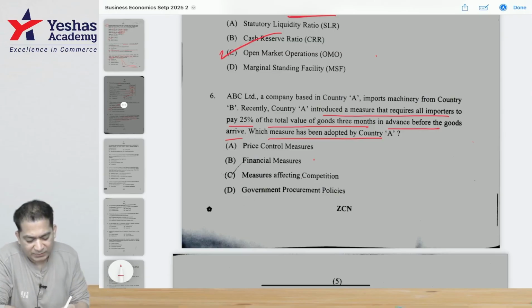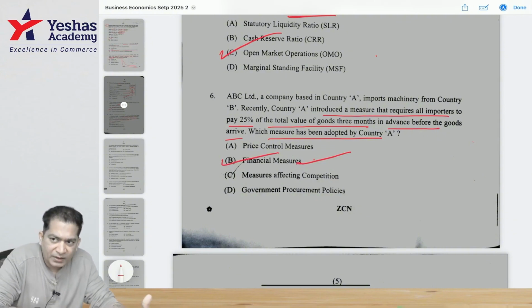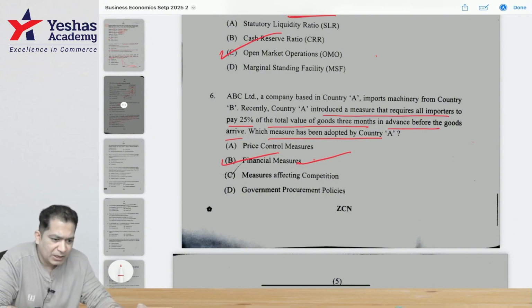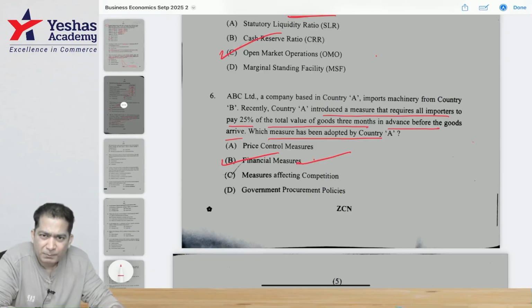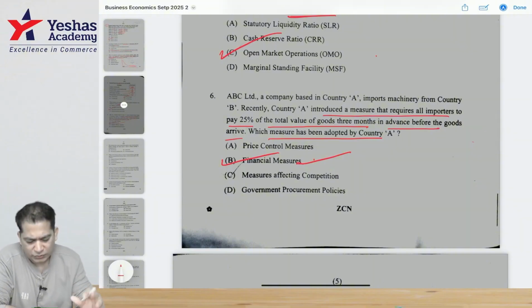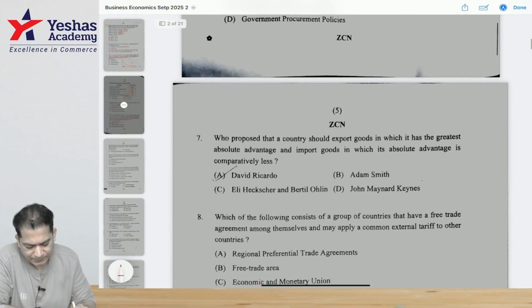This is not a measure affecting competition. This is a financial measure wherein the government will restrict your access to foreign exchange. Government can bar access to foreign exchange for a particular commodity, or government can say that you require upfront payment, let's say 25%, 40% of the value of import. So these are all considered as financial measures.